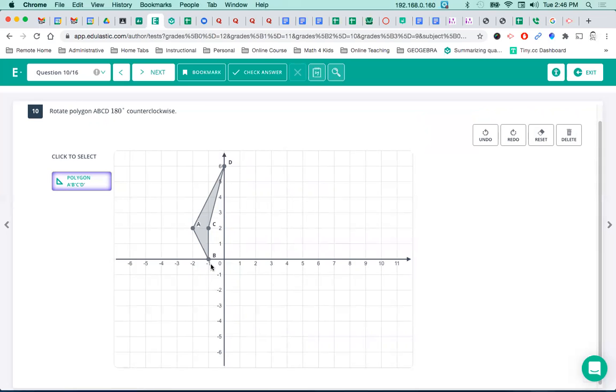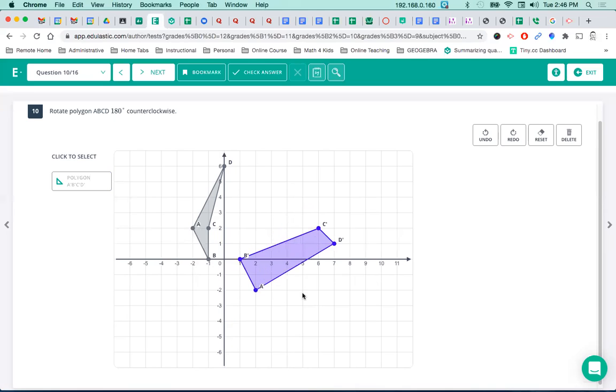So B is at, here, I'm going to pull my polygon up so we can do it as we go. B is at negative 1, 0. So again, they stay x and y, but they're opposite. So that becomes positive 1, 0. So B goes to here. B prime goes there. A is at negative 2, 2. So that becomes positive 2, negative 2.